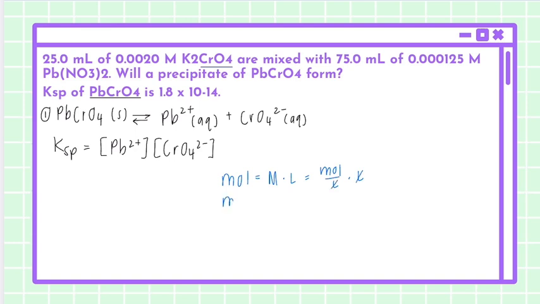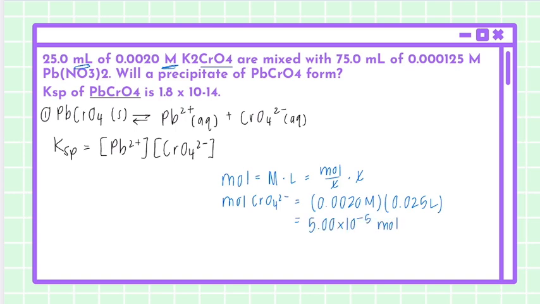So my moles of CrO4 2- are going to be equal to 0.0020 molarity times, I'm going to just have my 25 milliliters as liters, so I have 0.025 liters. We see that I got that from this molarity and this volume. So I know that I'm going to have 5.00 times 10 to the negative 5 moles of my CrO4 2-.